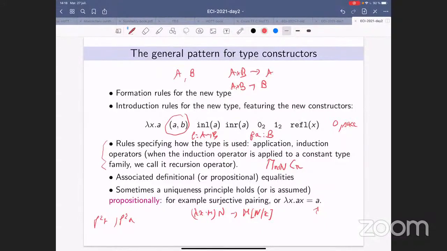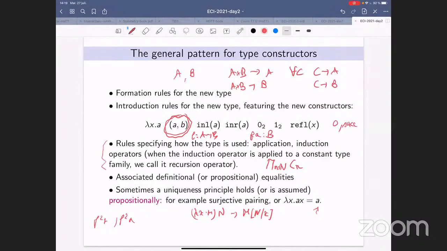So you see that projections come first, and the universal construction tells you that there's something called the pairing. So what is the universal construction? It says that if you have any object C, and two morphisms from C, sorry, I have to use the categorical vocabulary, but let's think that these are just types.